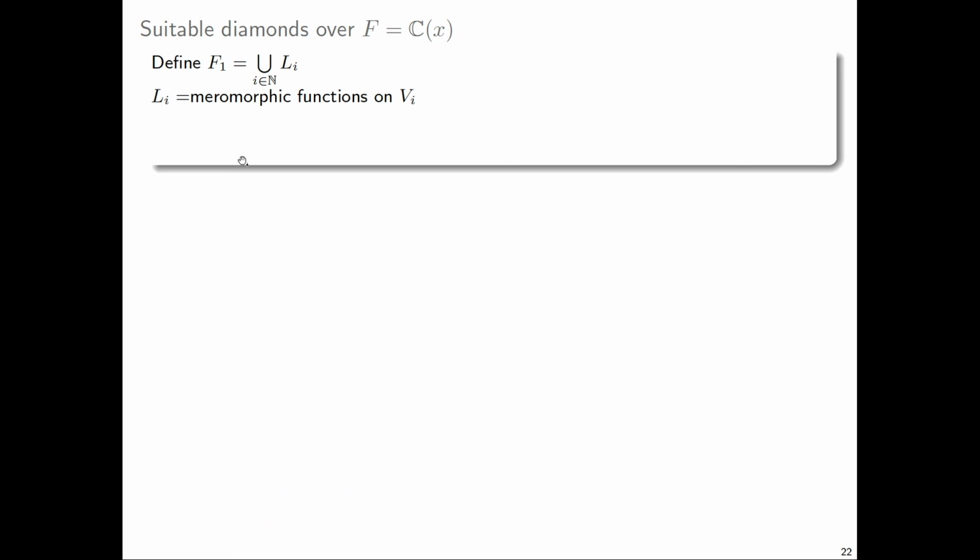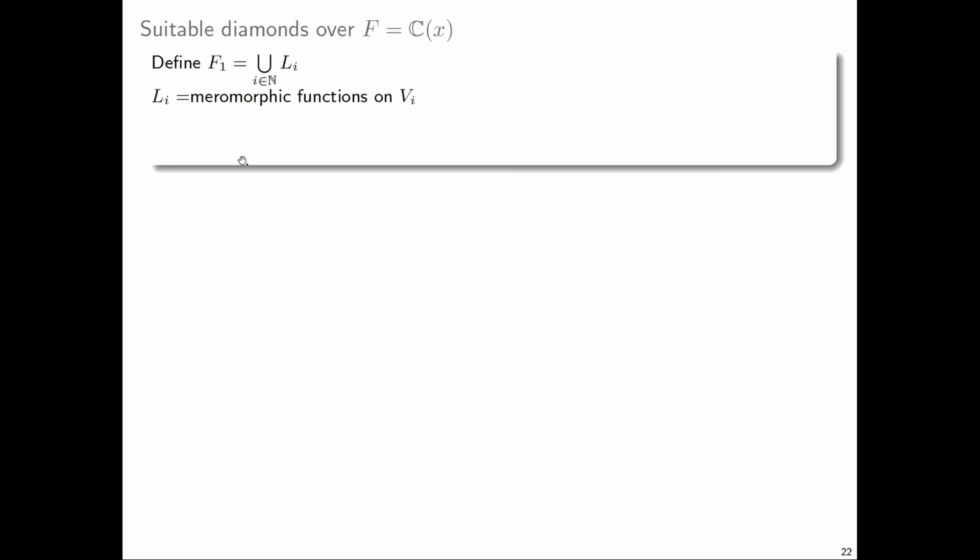We consider fields F1 that are a union of ascending chains of fields Li, and each of these fields Li is a field of meromorphic functions on some open set Vi, and we do this in a way such that these fields Li are not stable under the shift operator, but the union is.